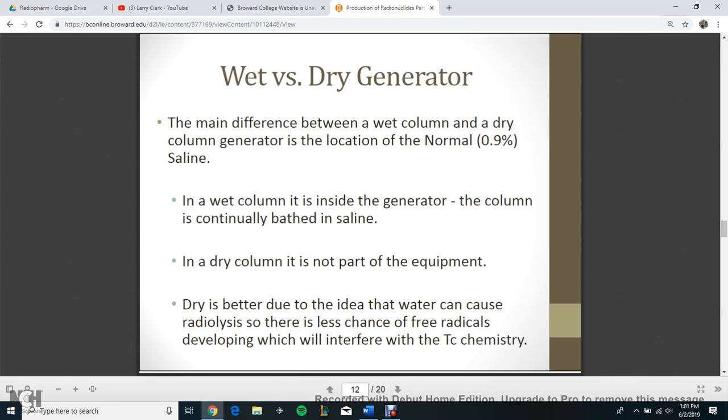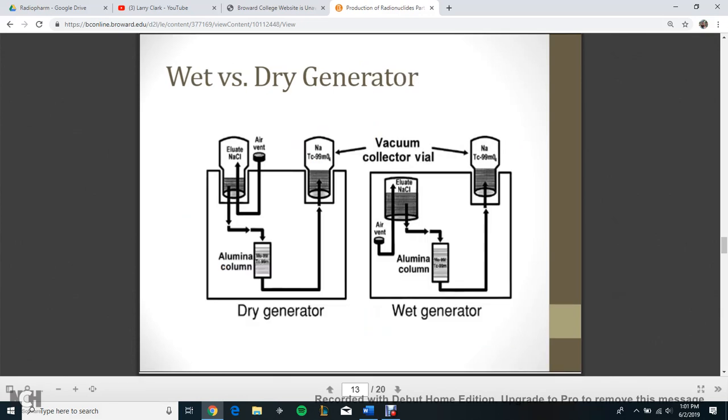Therefore, there is less chance of free radicals developing, which will interfere with the technetium chemistry. On the left side, we have a dry generator. On the right side, we have a wet generator. As you can see, the eluate on the left side is in the top left and outside of the generator. On the right-hand side, you see the eluate is built into the inside of the generator.